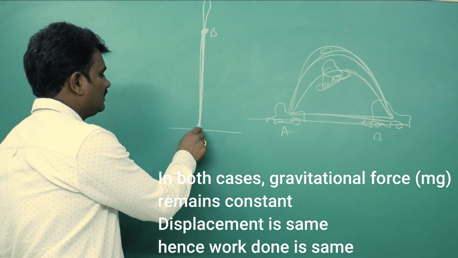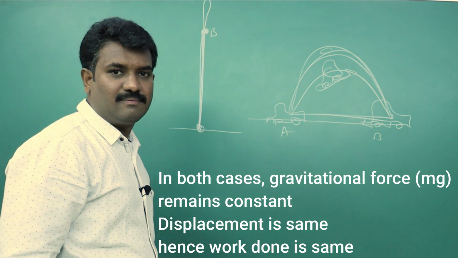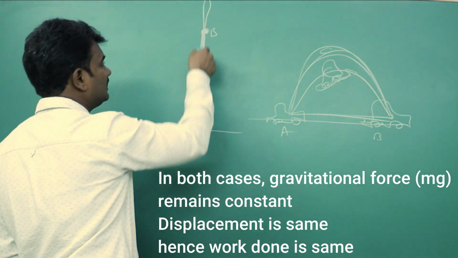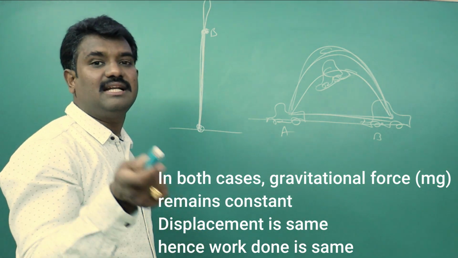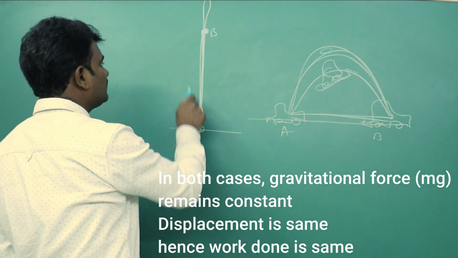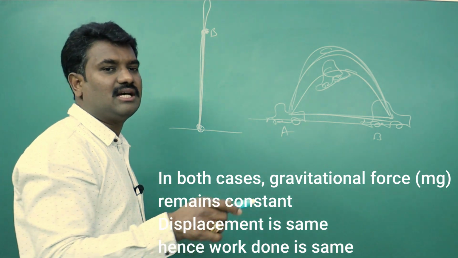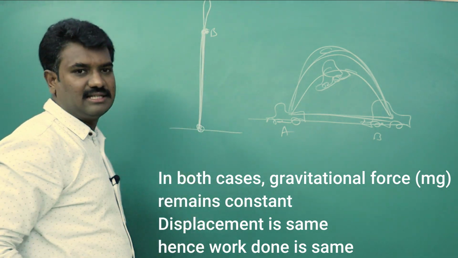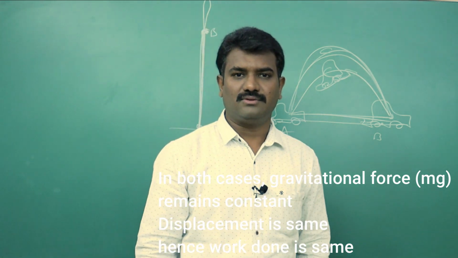That's why in this case we call this a conservative force. Here the path is different, but initial and final points are the same. So in this case the work done is the same, the force used is also the same in the two cases. Hence we say that gravitational force is a conservative force.